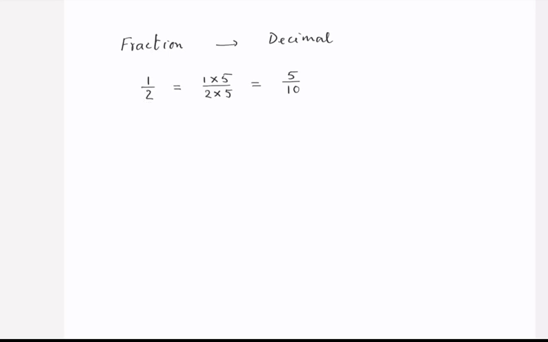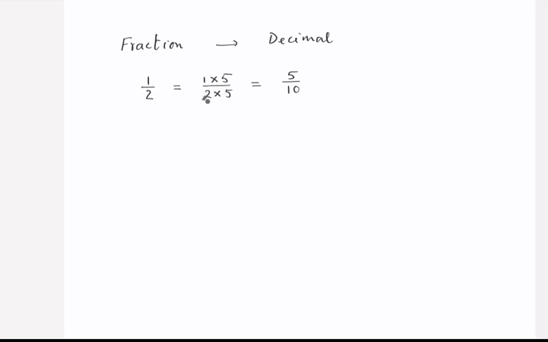But in the decimal system, the whole unit is always divided into 10 smaller parts. That's why we look at the given fraction and see if it can be converted equivalently into another fraction where the denominator is 10. So for 1 by 2, if we multiply 2 with 5, then we know 2 times 5 is 10. The denominator becomes 10.